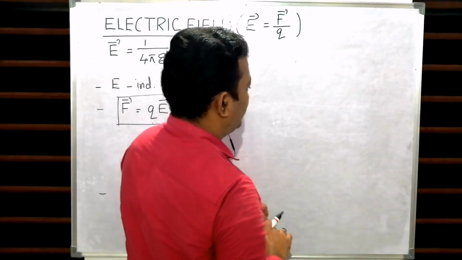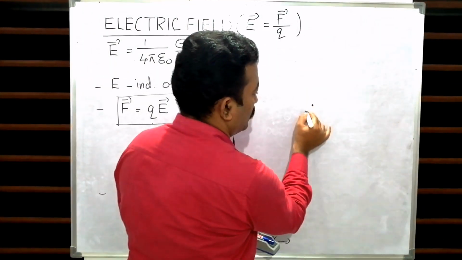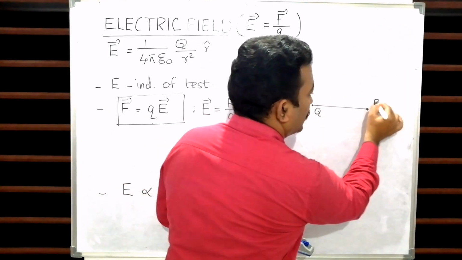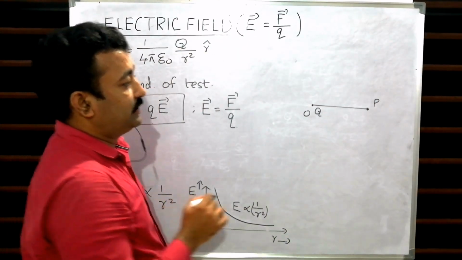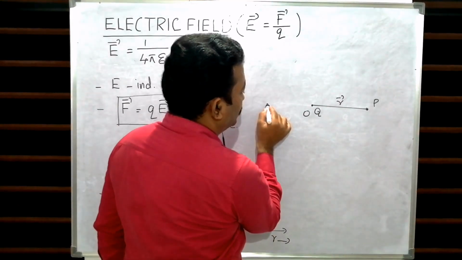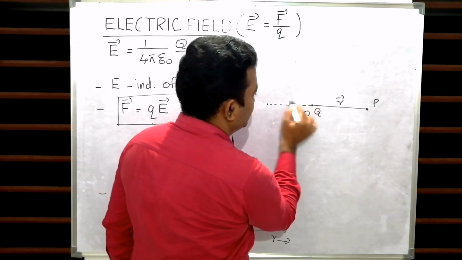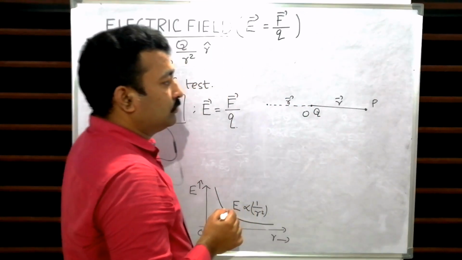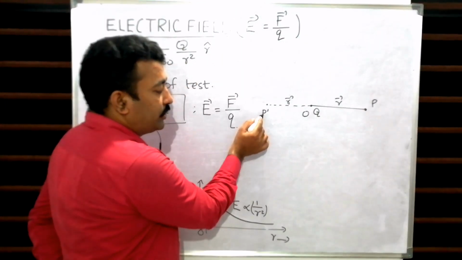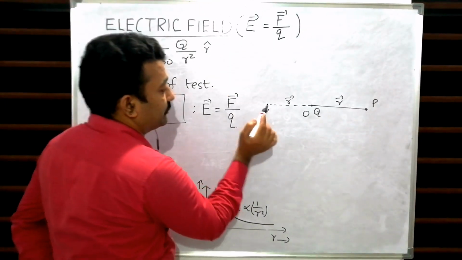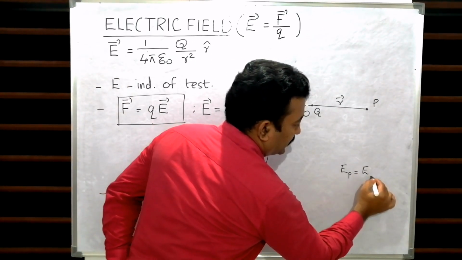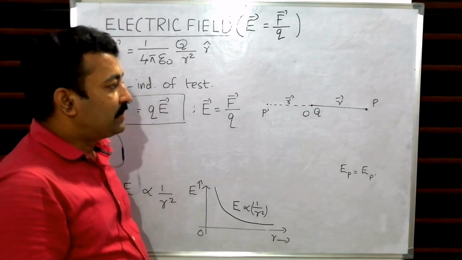Now what about the third? Let us see. So we have got a charge Q placed at O, and we have a point P at which we have found the value of the field. Now let me take another point on the left hand side at the same distance R. Let this be P dash. At that point also the value of the field will be the same. So we can say E at P will be equal to E at P dash.